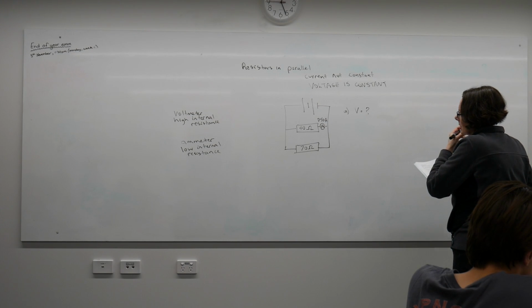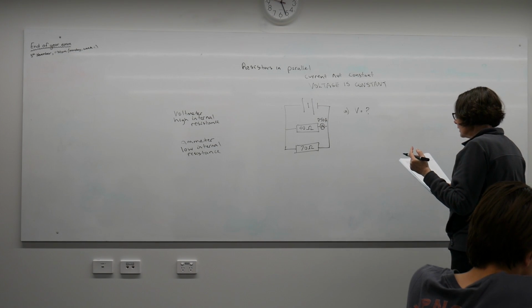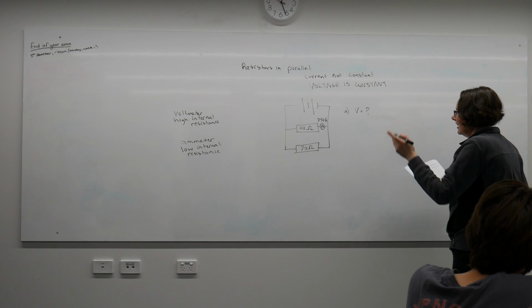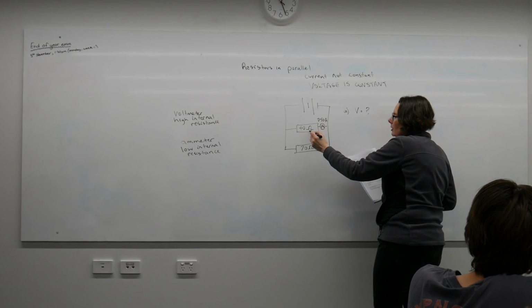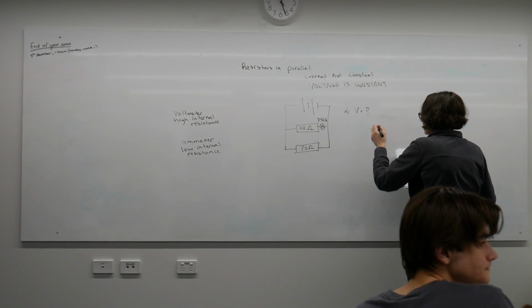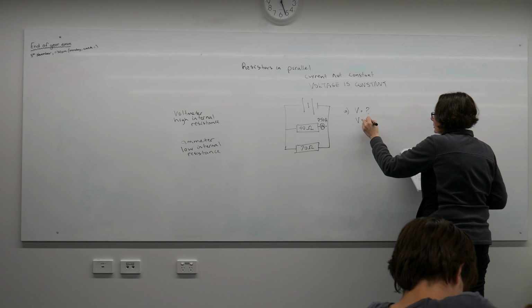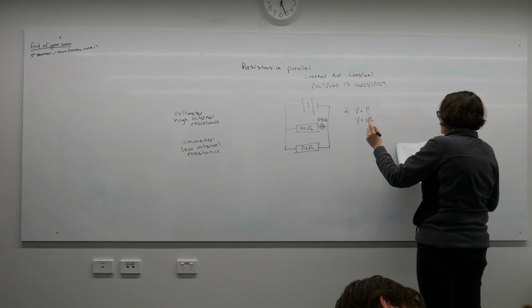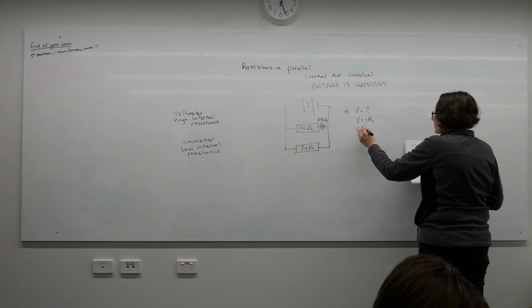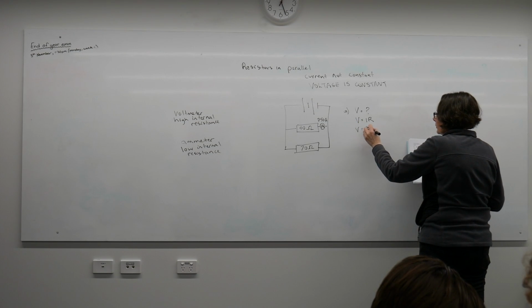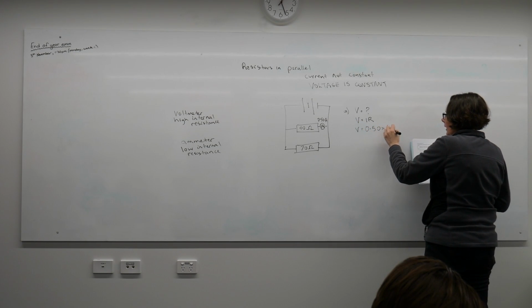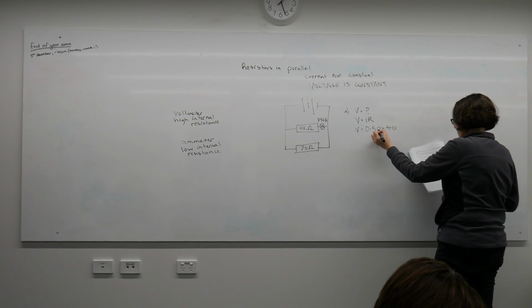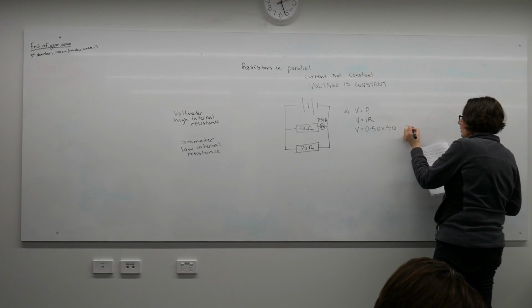Now, we know our current and we know our resistance here. So V equals IR. And so our current is 0.50 and our resistance is 40. Gives us 20 volts.